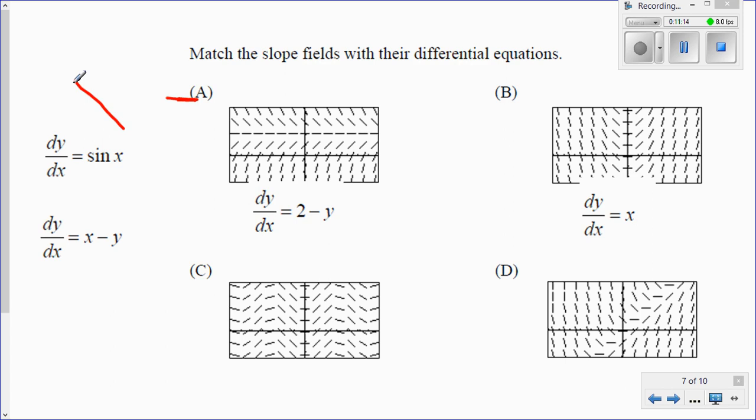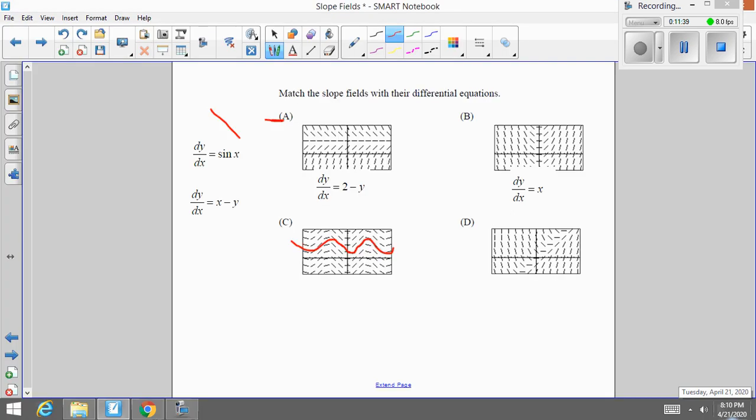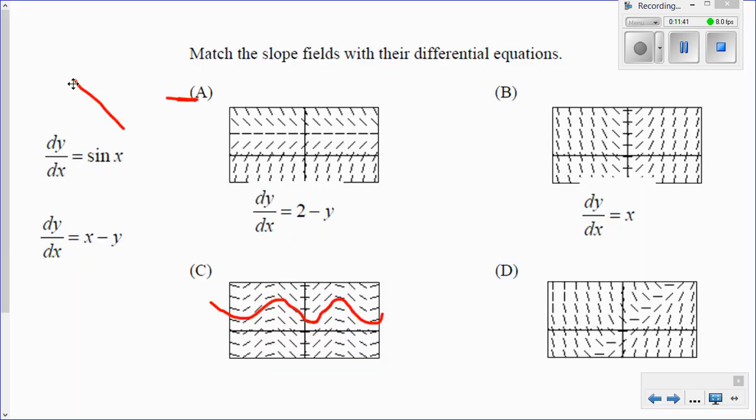It looks pretty much like that if I follow my slope field. So just because I see a wave, I can tell that that's going to be represented by sine or cosine. So we know that that would match up to dy/dx equals sine of x.